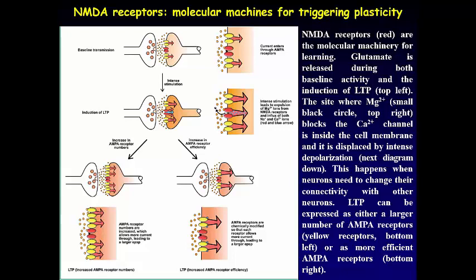But unfortunately, the same mechanism becomes activated in mechanisms of central sensitization, in pain mechanisms, or excitotoxicity, which we'll discuss later, again hijacking this mechanism that we saw here.